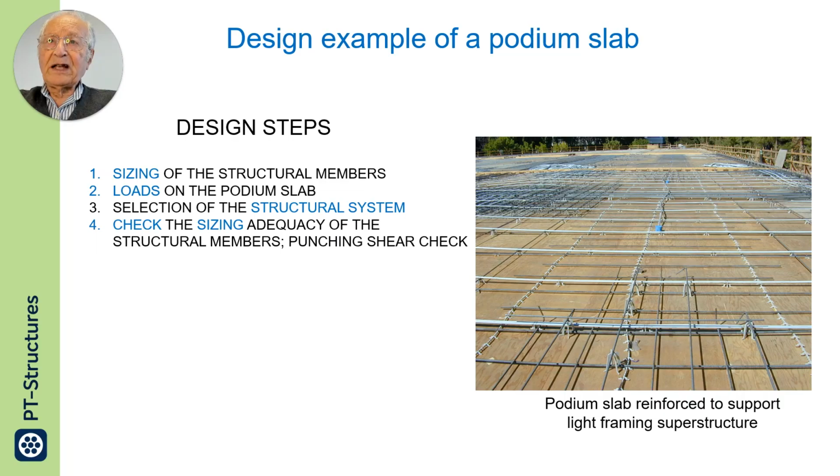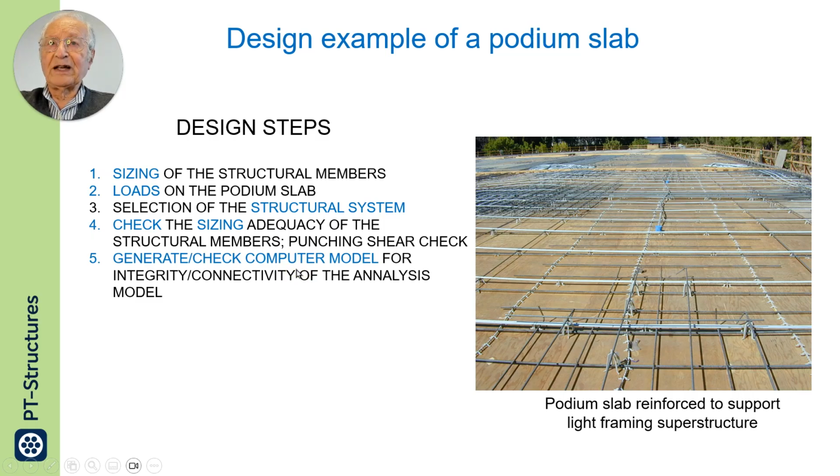in detail shortly. Next, number 4, we check the sizing adequacy of the structural members, and we do a punching shear check. In other words, we check to make sure that the dimensions we have selected are amenable to a design meeting the code. Then we go through the general check.